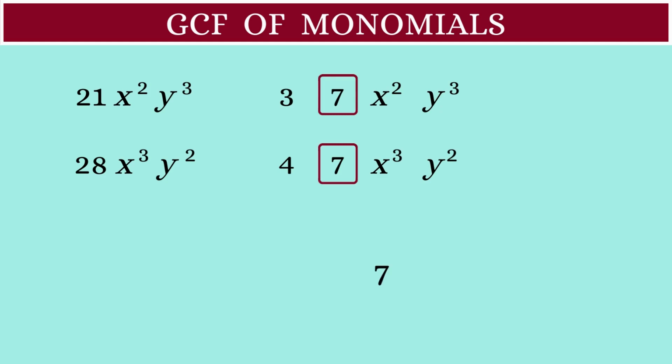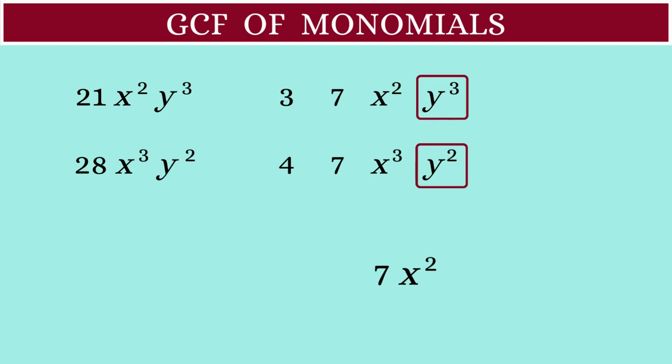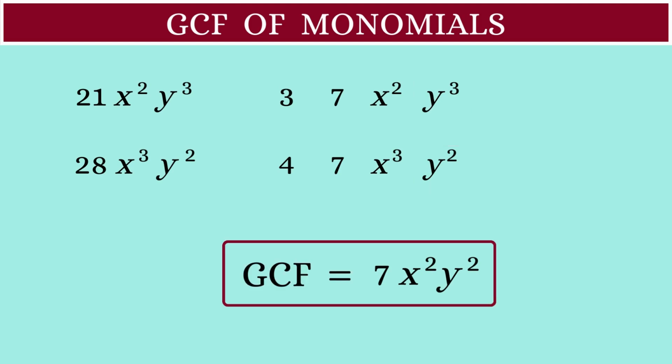Then we have x square and x cube. So we'll pick the smaller exponent x square. Further, we also have y cube and y square. So we'll pick y squared. Now our GCF becomes 7x square y square.